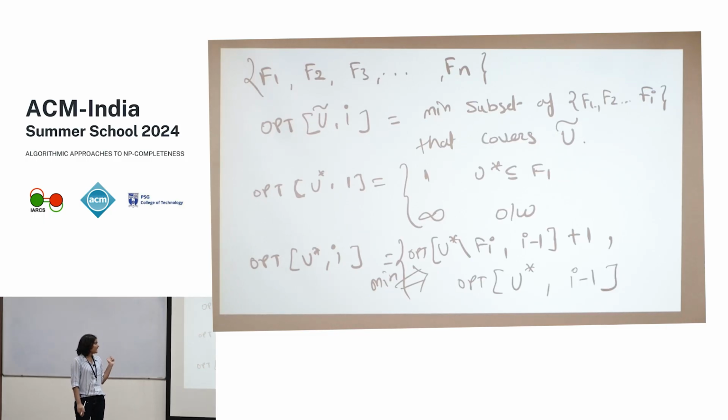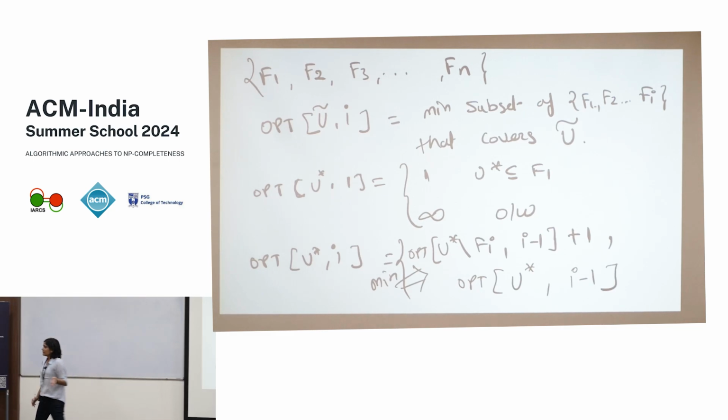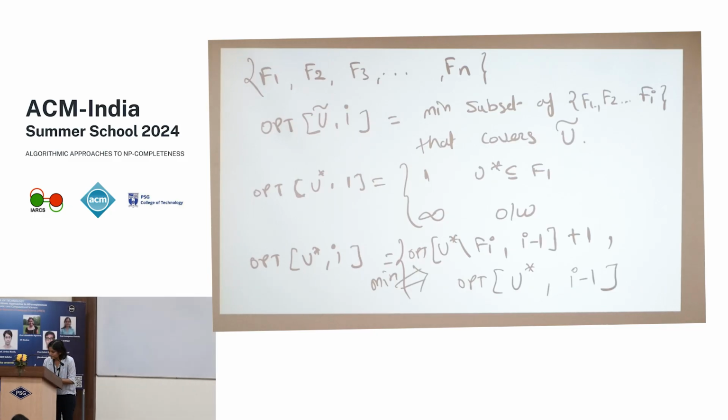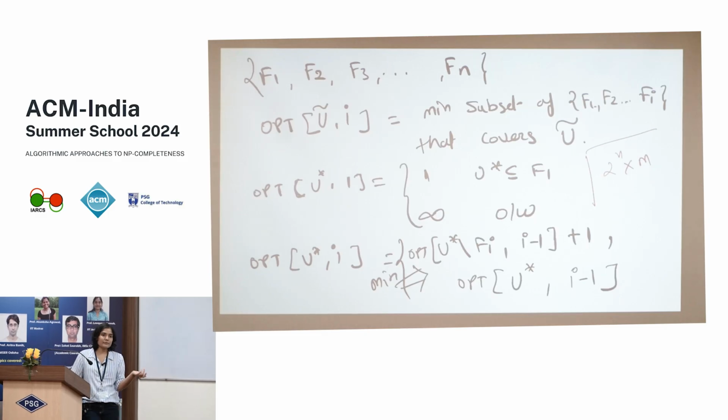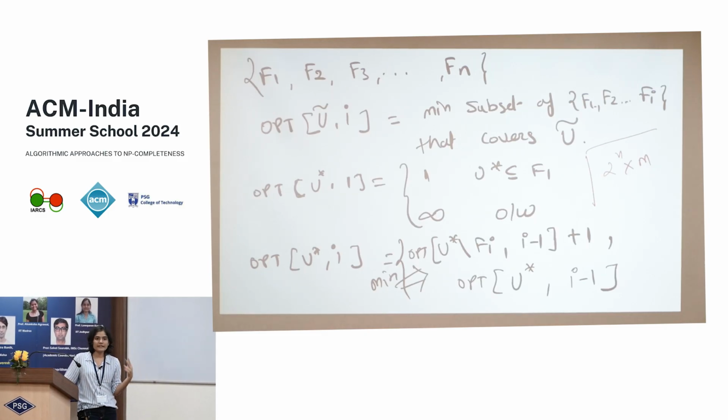What is the running time of this algorithm? 2 power n times some polynomial. Why 2 power n? Because I am storing an entry for every subset of the universe. How many subsets are there? 2 power n subsets. And how many choices do I have for i? m many choices, which is the family size. So the total number of entries is 2 power n times m, and to compute each entry, we are looking at 2 entries.